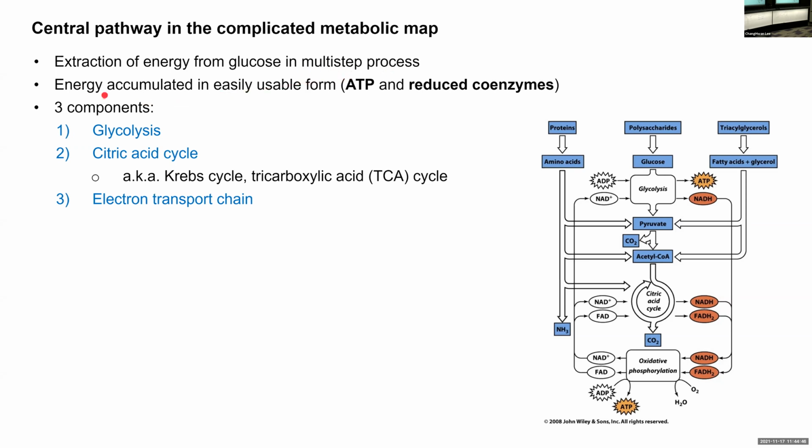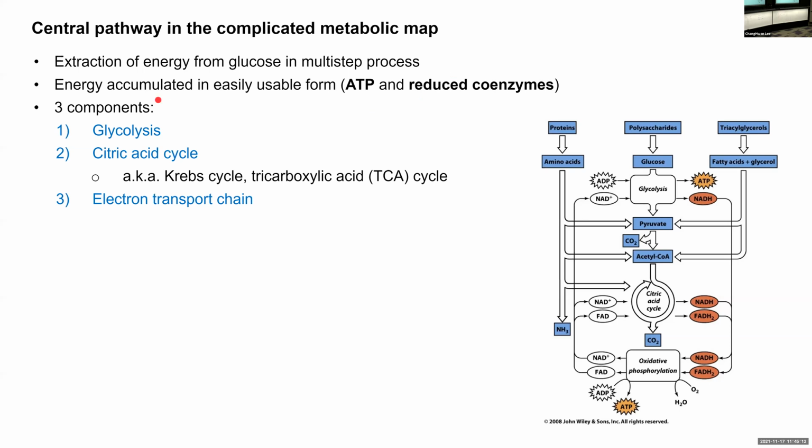The energy that is extracted from glucose will be transferred and accumulated in an easily usable form, which is ATP, as well as some other electron carriers, such as reduced coenzymes. We talked about those coenzymes briefly, like NAD, FAD, and so on, so we're going to revisit them today too.